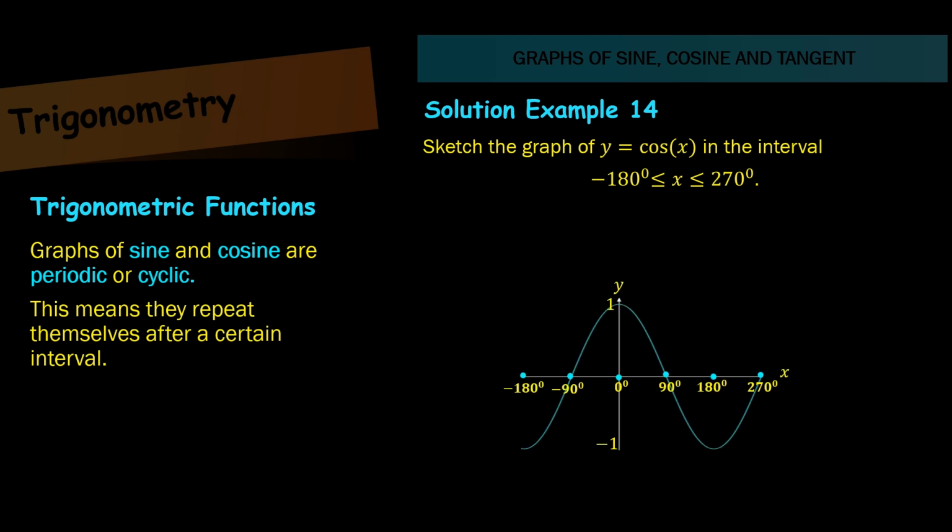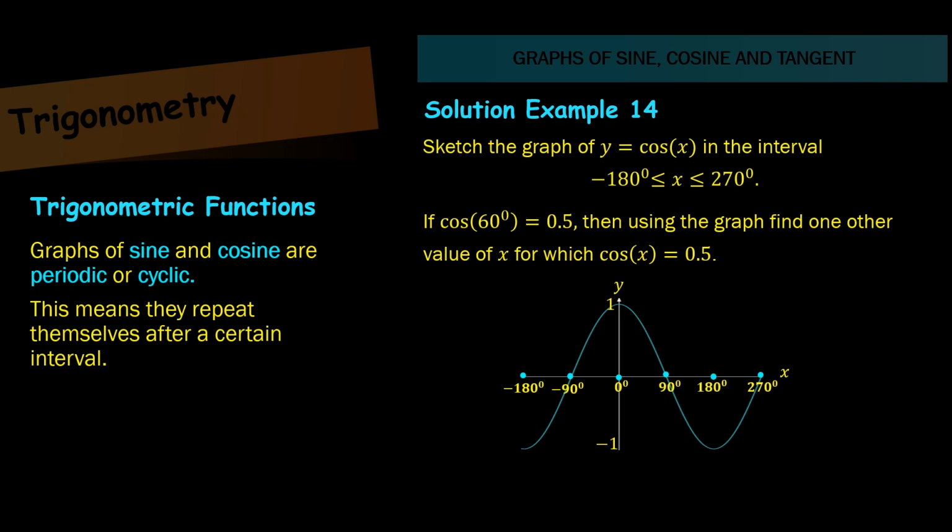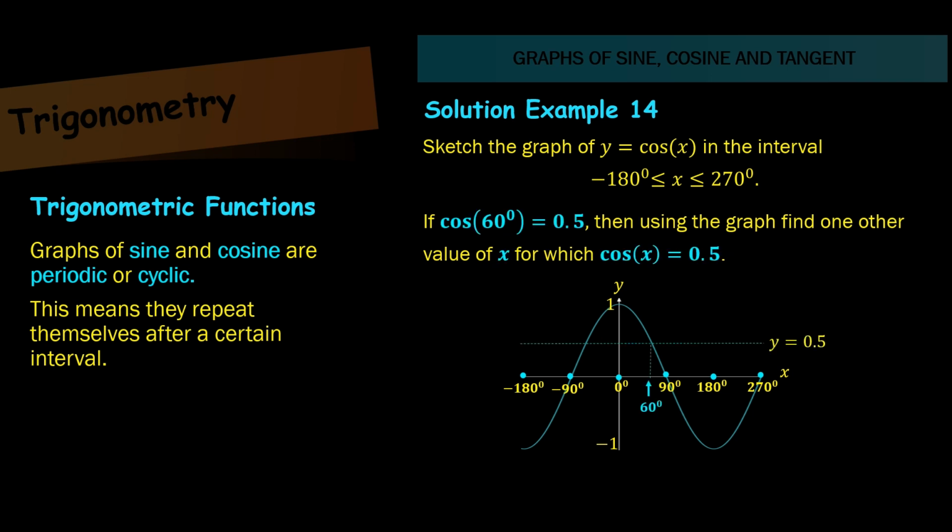Now if cos 60 degrees equals 0.5, then using the graph we are required to find one other value of x for which cos x equals 0.5. Here we've sketched the graph of the line y equals 0.5.